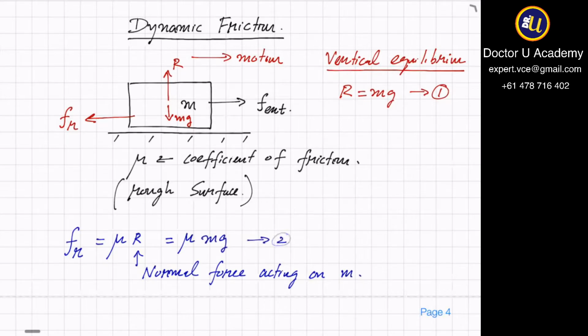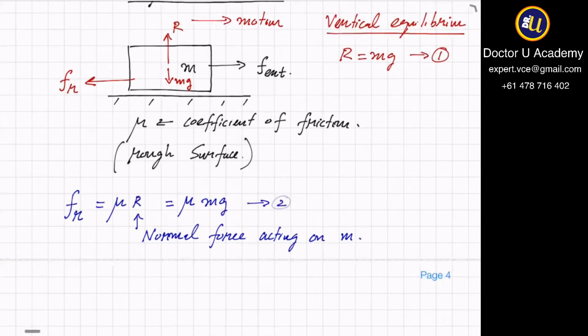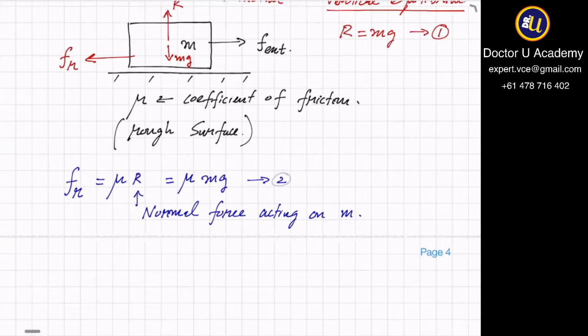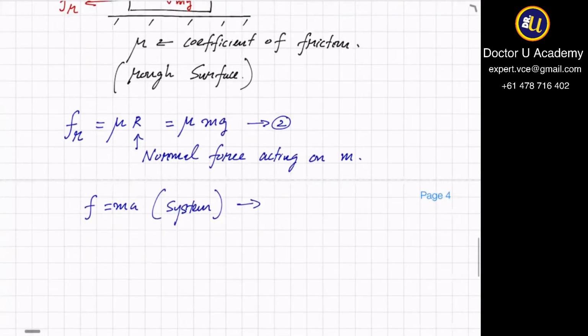Now, if you need to find the acceleration of the system, to find the acceleration we will use F equals ma. There is no system, essentially just one object to the right-hand side. So what is the external force?